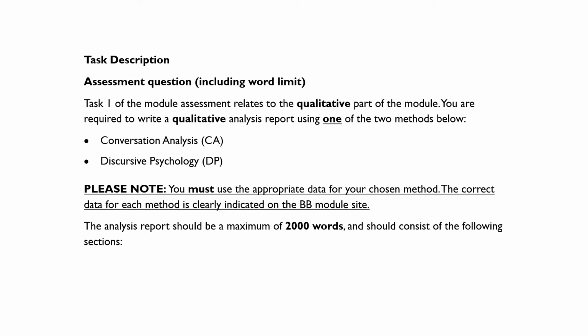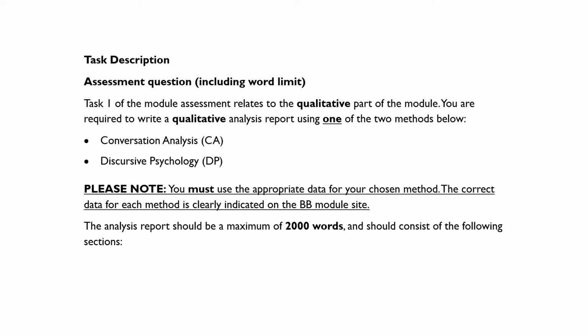You either want to choose to do your qualitative report on conversation analysis or on discursive psychology. It must be one or the other for the qualitative report, task 1, but whichever you choose, you absolutely must use the correct data, because each one has got particular data.